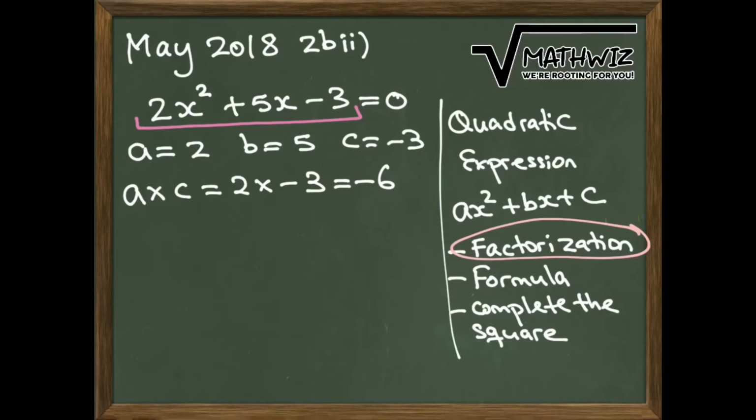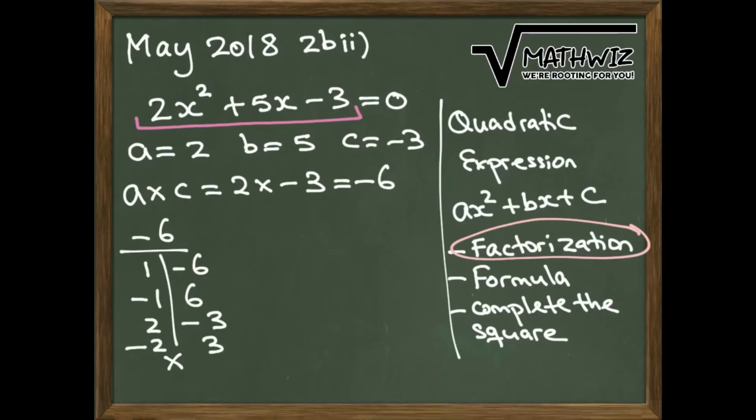So what you're essentially doing is you're thinking about all the factor pairs that you can use to multiply to get minus 6. So for example, I can use 1 and minus 6, or minus 1 and 6, right? So you're just thinking about all the pairs. I can also use 2 and minus 3, or minus 2 and 3, right?